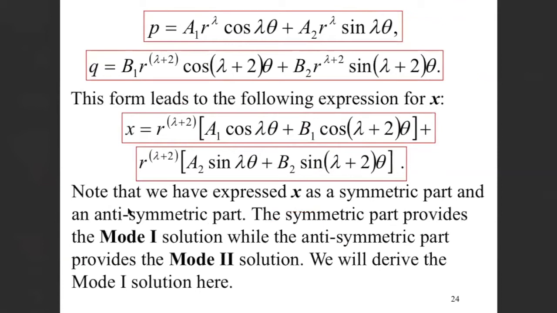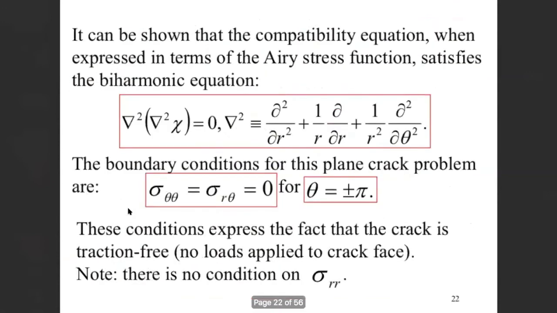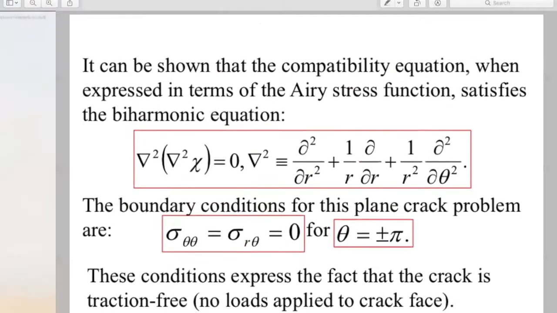We can work through the solution, get the stress state, and that allows us to determine what the stress needs to be for that crack to grow, right? What the stress at the tip is. But that's where we're going with this, and we'll pick it back up on Monday.